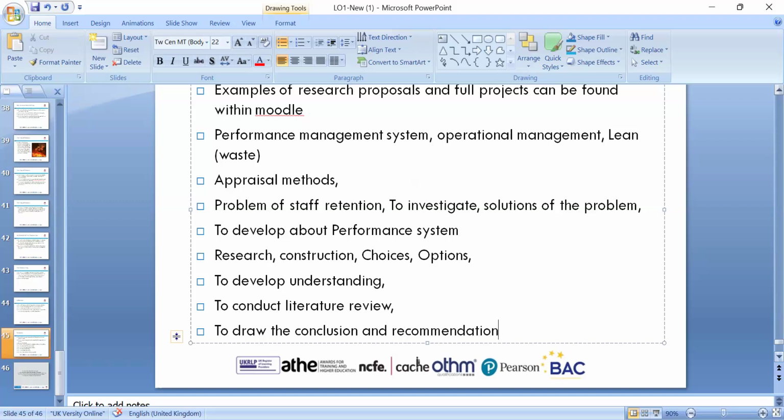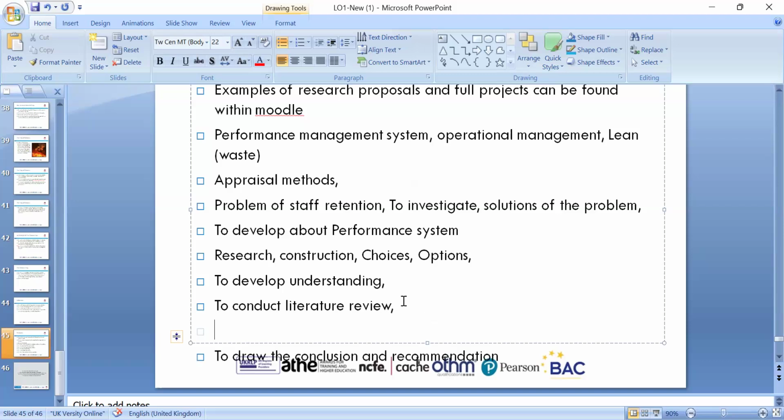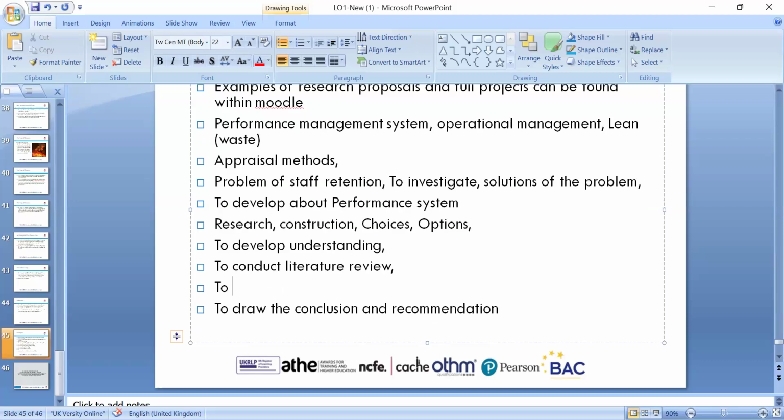Or to collect the data. Data can be primary and secondary. On the basis of this, you can draw the conclusion and recommendation. So we have all these options.